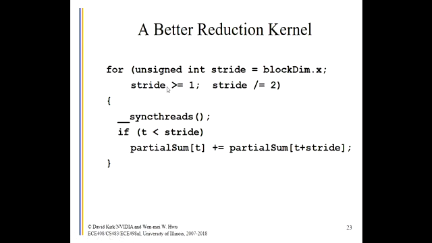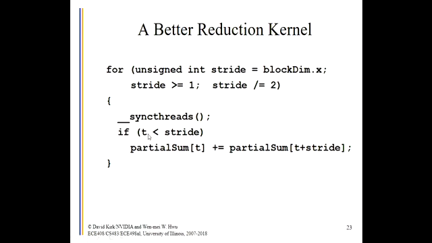And we keep testing whether the stride reaches 1, because that's the last iteration. In each step of the way, we divide the stride value by 2. We still need to do syncthreads, because every step, we still rely on another thread's result, so we make sure that everyone finishes.